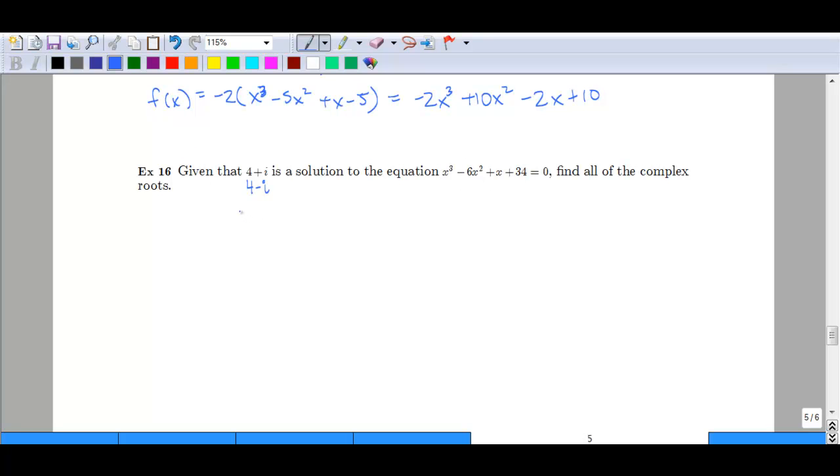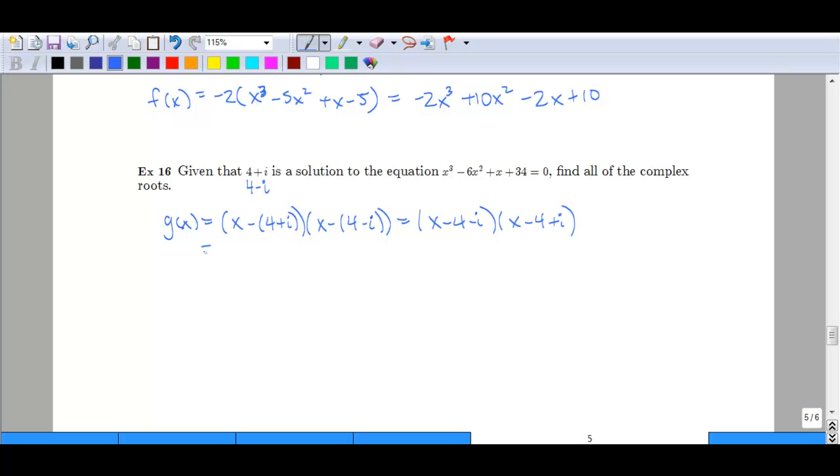So in this case we'll call this g of x, which is going to be x minus 4 plus i and x minus 4 minus i. Again, distribute that negative inside, so we get x minus 4 minus i and x minus 4 plus i.